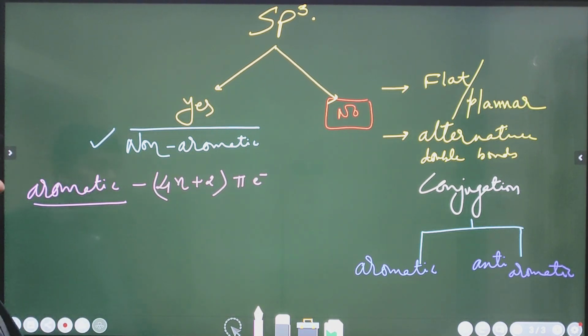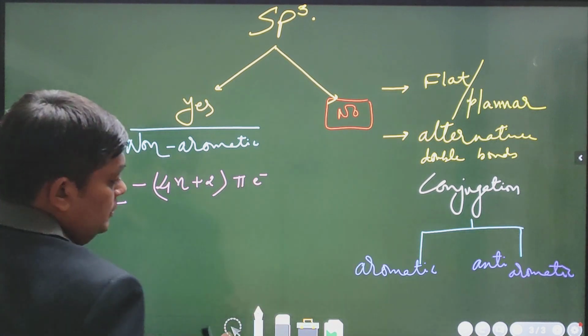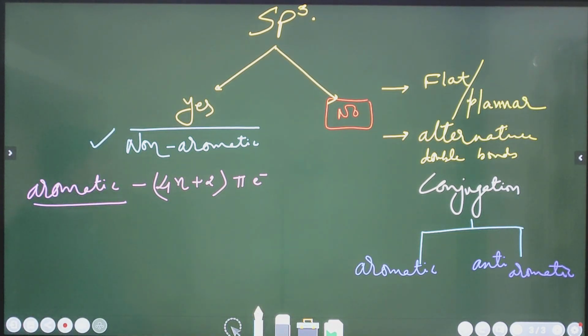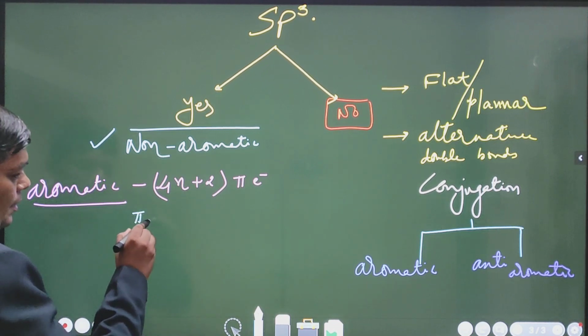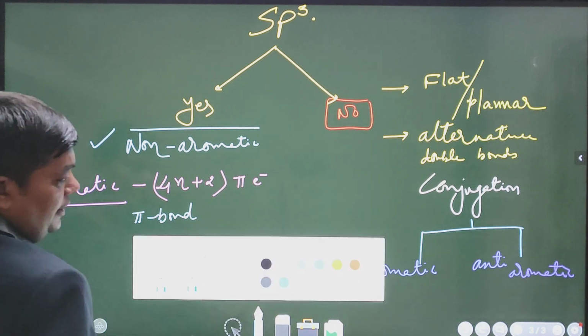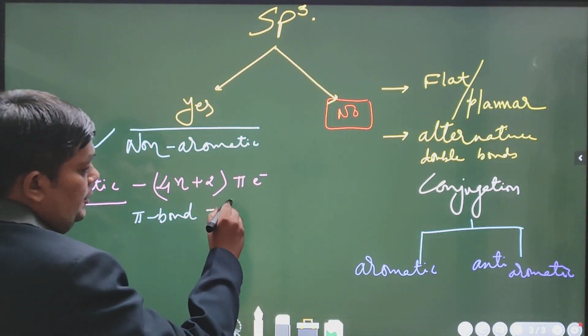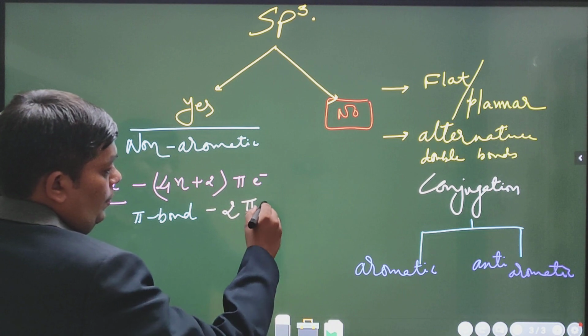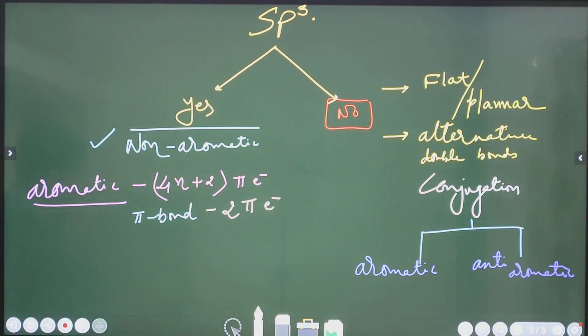Now remember, pi electrons in organic chemistry can be fulfilled by two parameters. One, a pi bond itself. A pi bond itself will always lead you to 2 pi electrons.